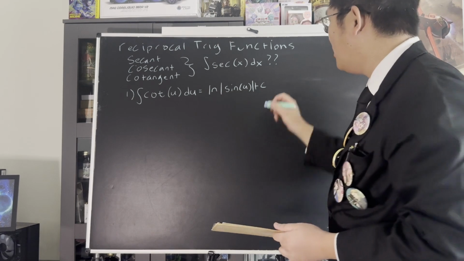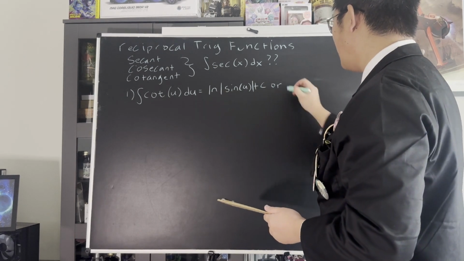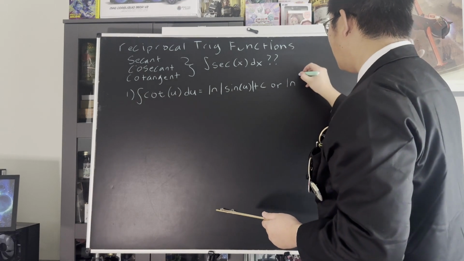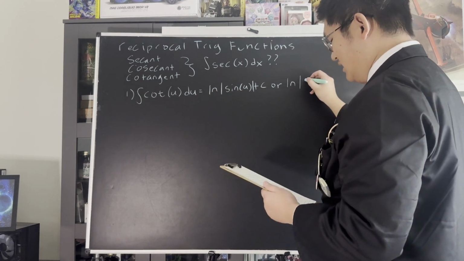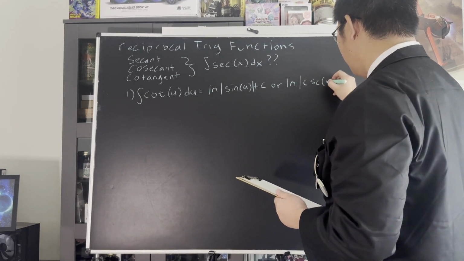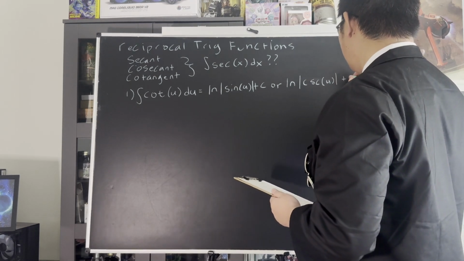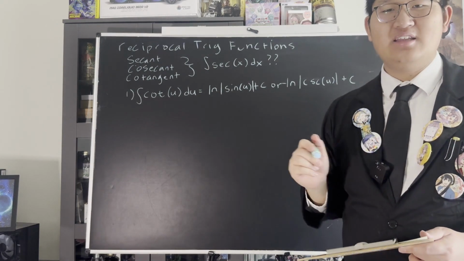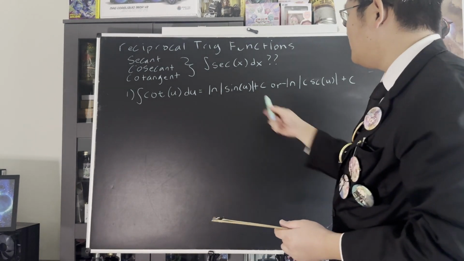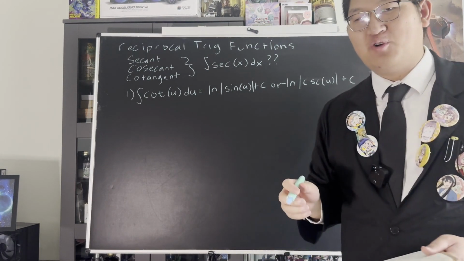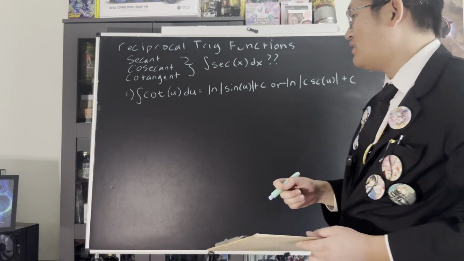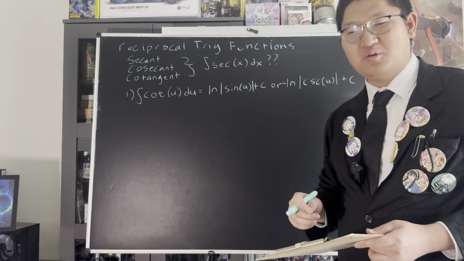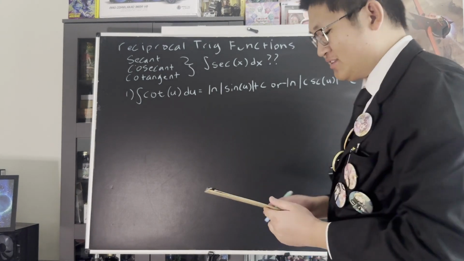Or we can write it similarly to tangent as the natural log of the cosecant of u plus c, but we do need to keep track of a negative sign in there. So it's a little bit of a switch from the normal way we've done it with the tangent, but that is the first rule, and I believe the most similar to the rest of the trig functions.